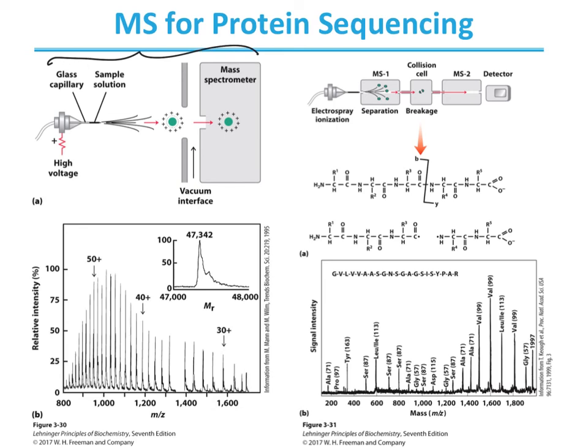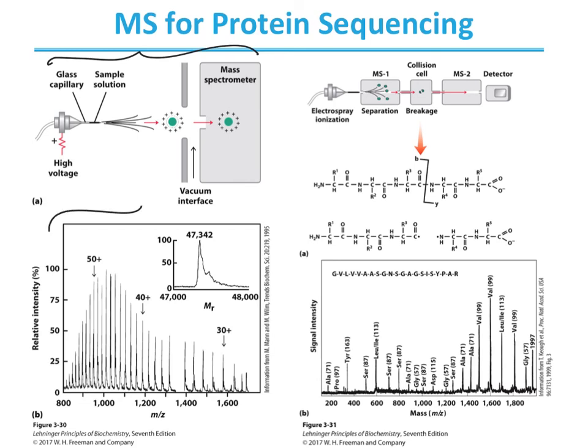The charges result from the protonation of basic side chains such as arginine and lysine. The ions are directed into the mass spectrometer, which measures the mass to charge values with an accuracy of about 0.01%. Then consequently, determining an ion's charge permits its molecular mass to be determined with great accuracy.